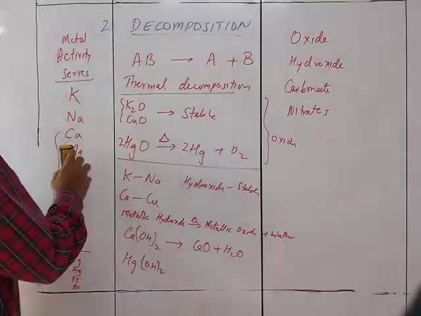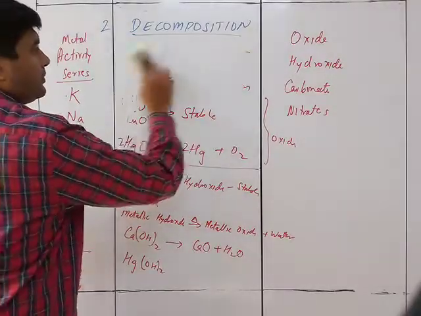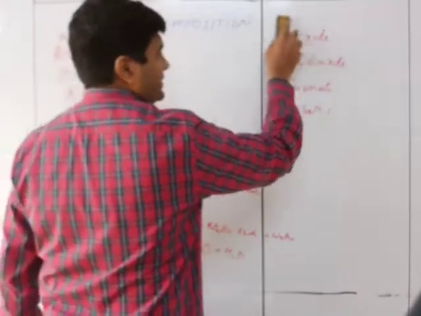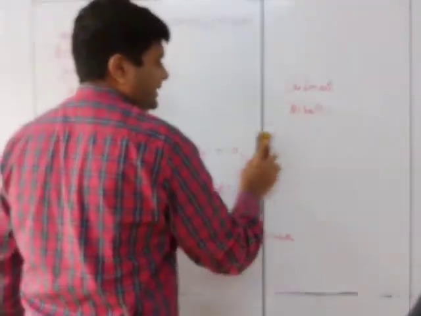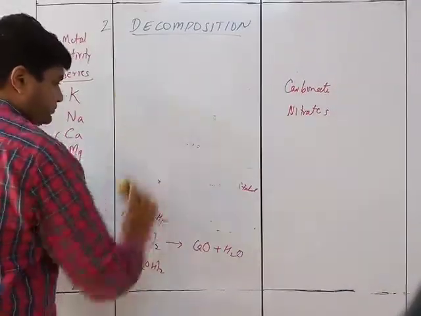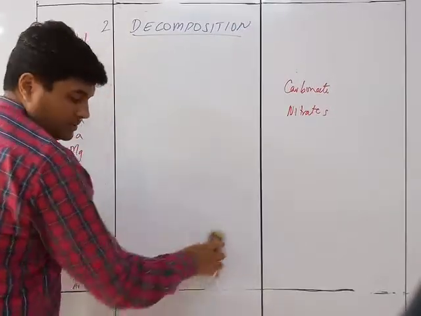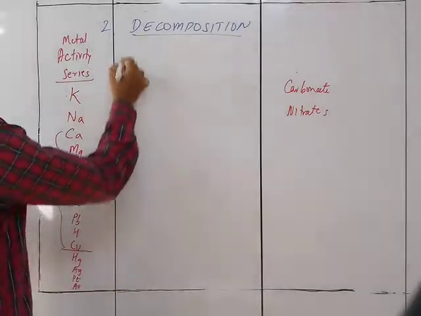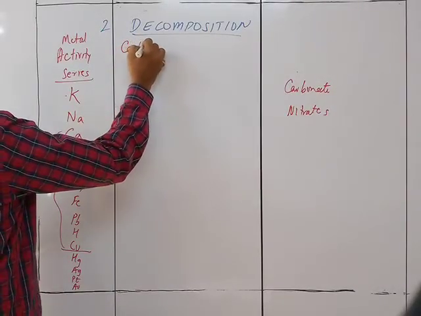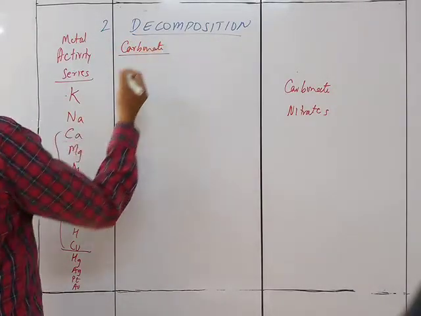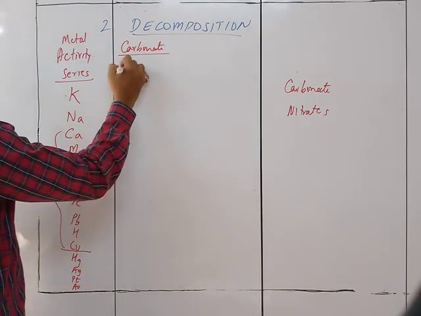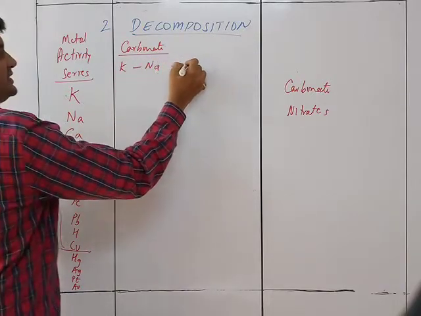Next, we saw this and we saw this, now we see the carbonates and nitrates. So first we see the carbonates. In case of carbonates, again K and Na are stable.